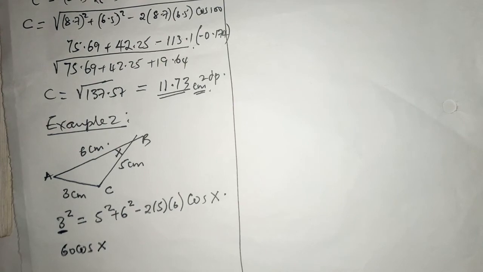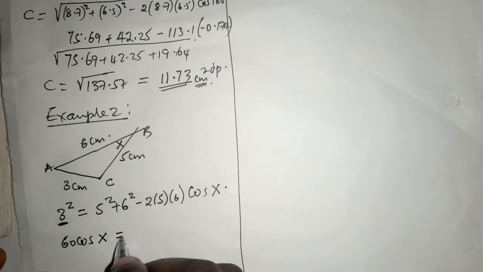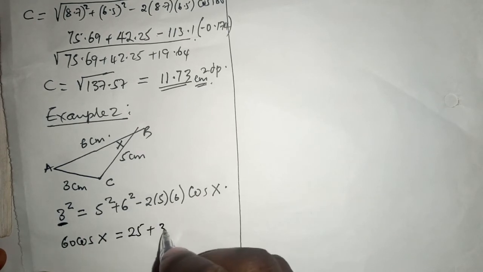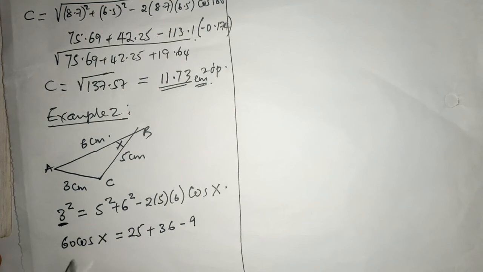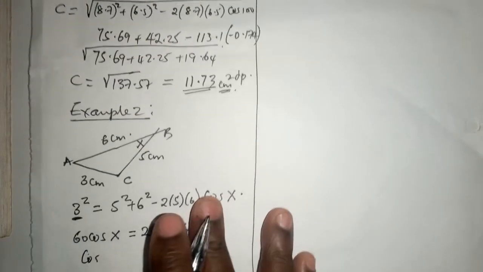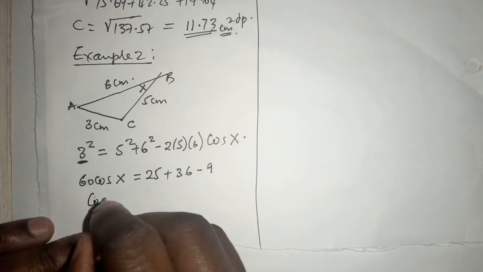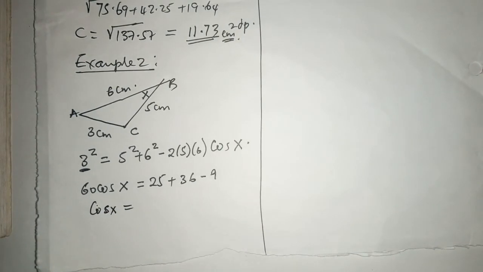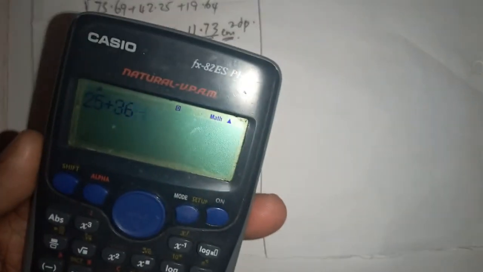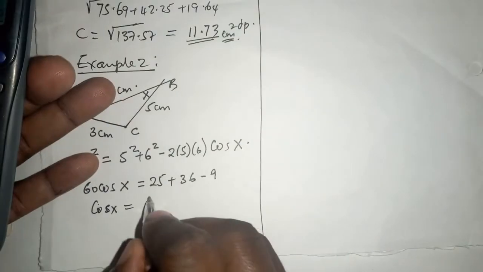We now want to make x the subject of the formula. The cosine of x is going to be 5 squared, 25, plus 6 squared, 36, minus 3 squared, 9. 25 plus 36 is 61, minus 9 is 52.